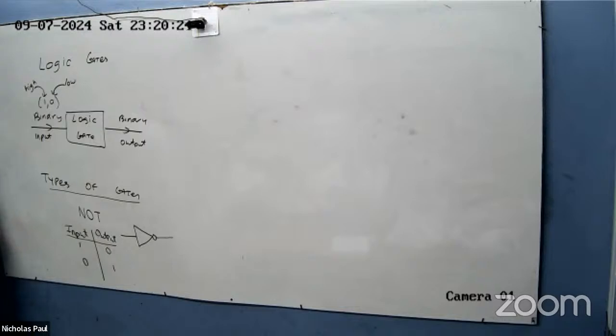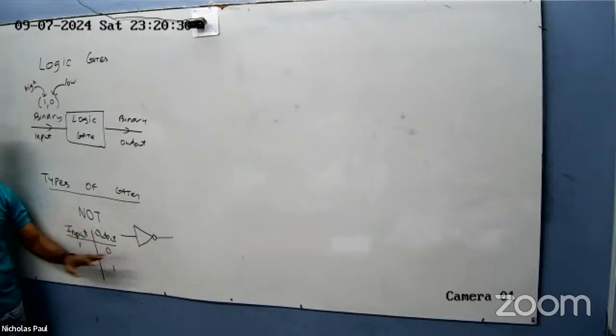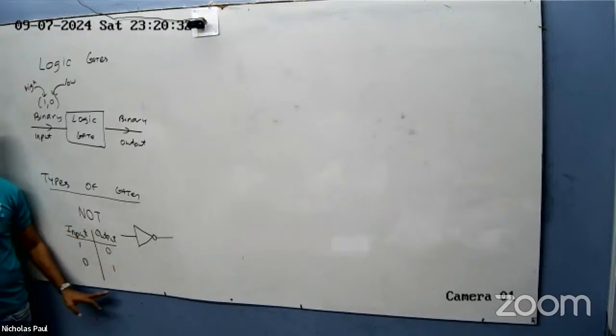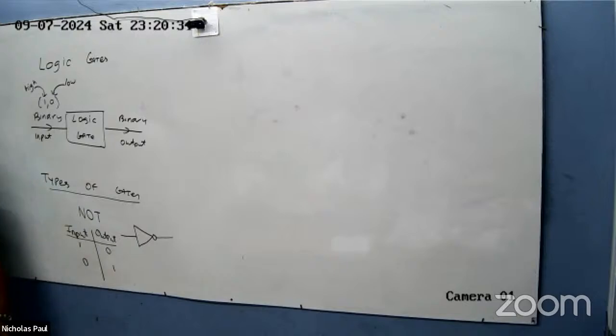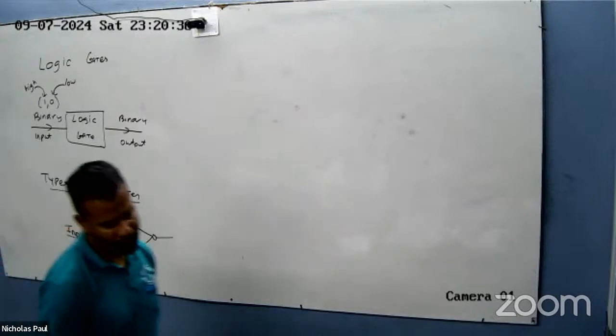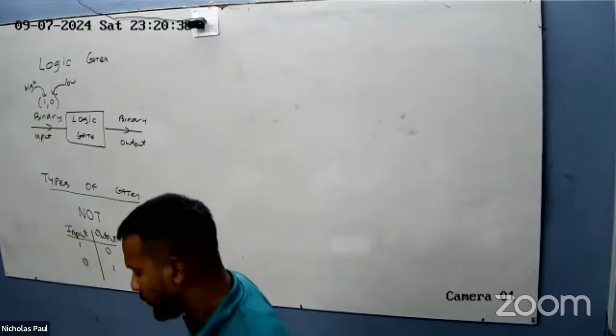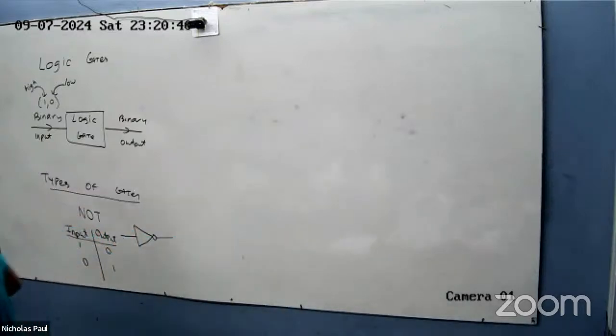It's called a NOT gate. Everybody clear with that? Yeah, that's all. So once you see this gate, 1 giving you a 0, 0 going to give you a 1. Copy down the first gate. It's called a NOT gate, right? I'm only working in binary. 1 and 0. That's only working.